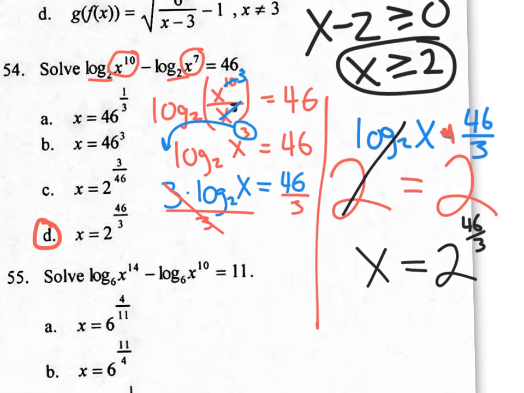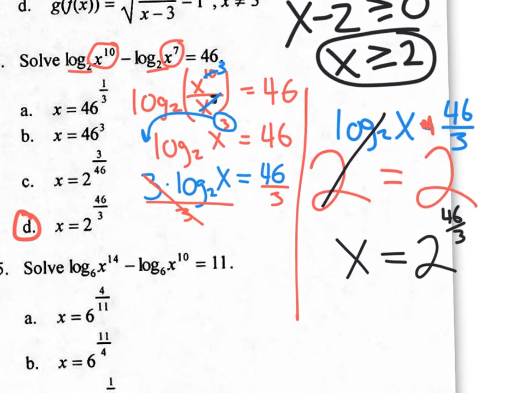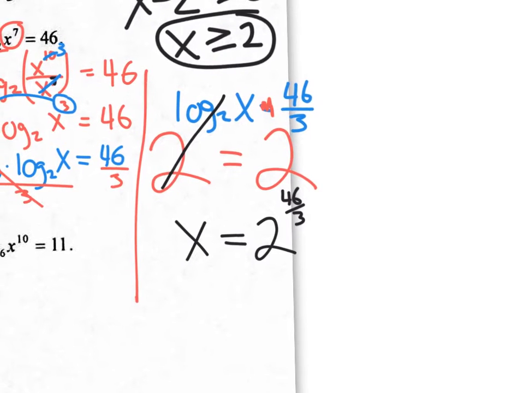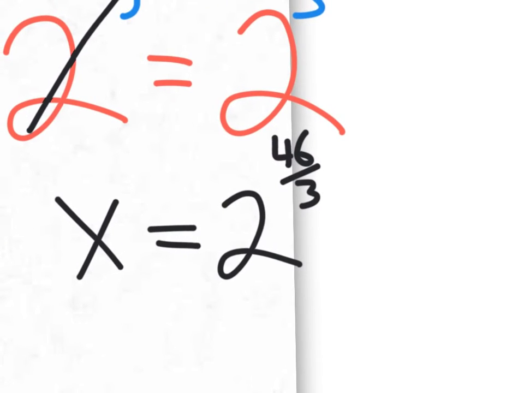Now let's say this was an open response test. You could have actually taken 46 divided by 3, and then you'd have a mixed number. Actually, let's do it. So if you did go 46 divided by 3, you'd get 15 with a remainder of 1.